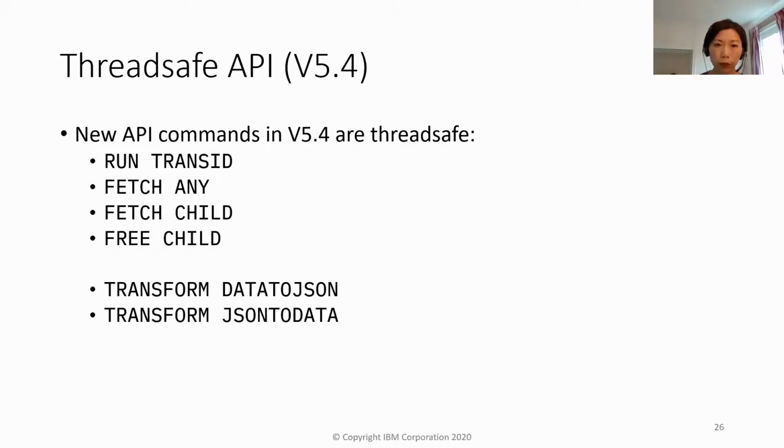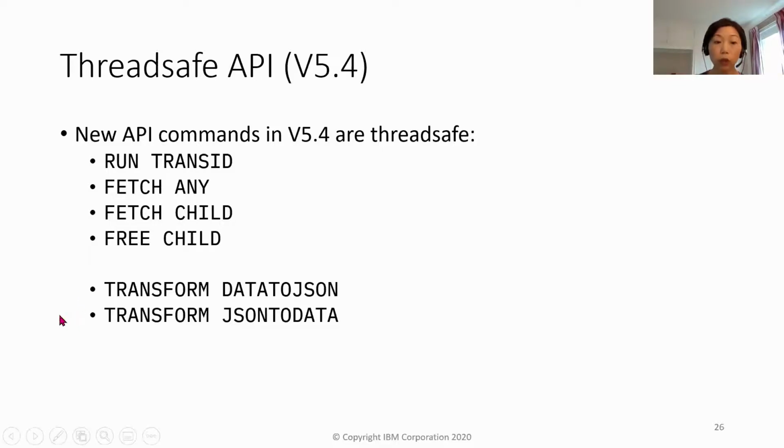Then in 5.4, we provided a new set of asynchronous API commands. Those four commands, RUN TRANSID, FETCH CHILD, FETCH ANY, and FREE CHILD, are a set of asynchronous API commands to help you write asynchronous programs much more easily. We also made them to a thread safe standard, so you can use them in your application and run it as a thread safe application.